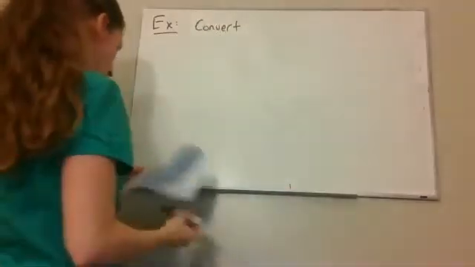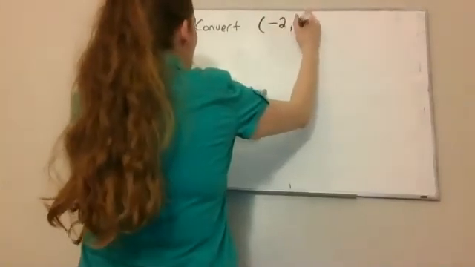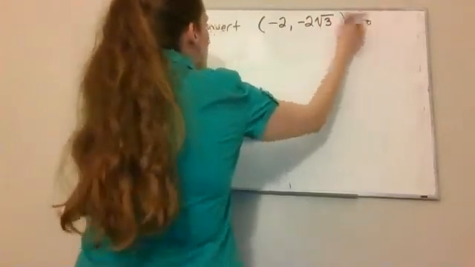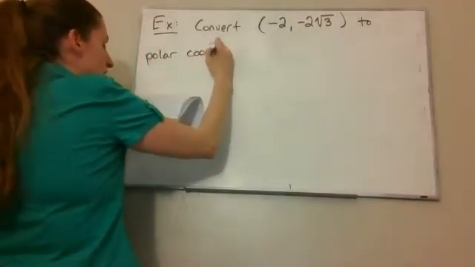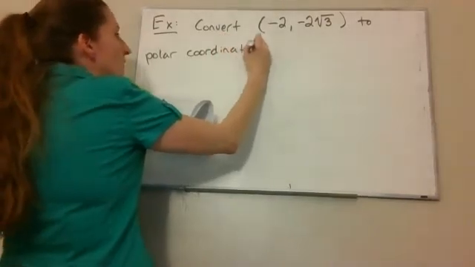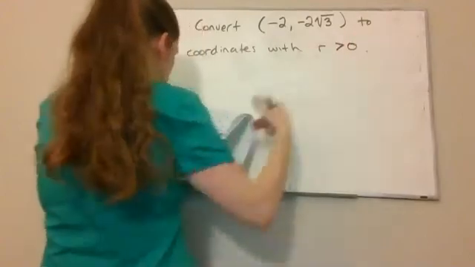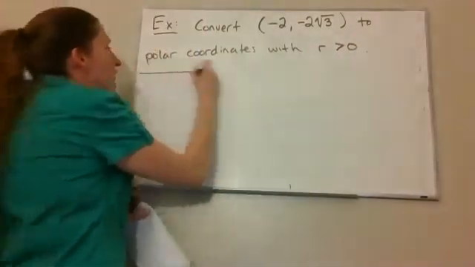So now let's convert the rectangular coordinate point (-2, -2√3) to polar coordinates, with r greater than 0. Well, first I'm just going to find my r.